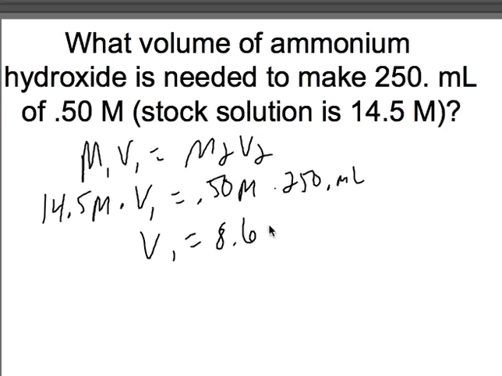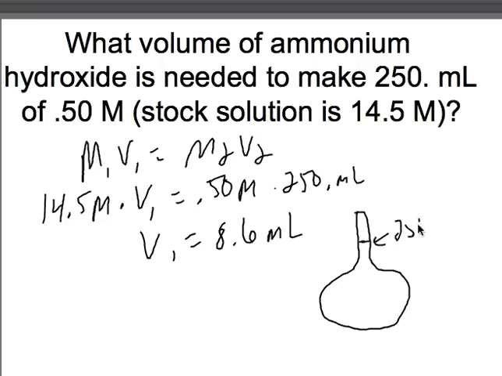As you can see, I only have 2 sig figs, so we'll stick with 8.6 milliliters of the stock solution. So that means, again, if I had a volumetric flask, my great picture of this, if this was a 250 milliliter volumetric flask, which we definitely have, I'd put the 8.6 milliliters of the stock solution in there.